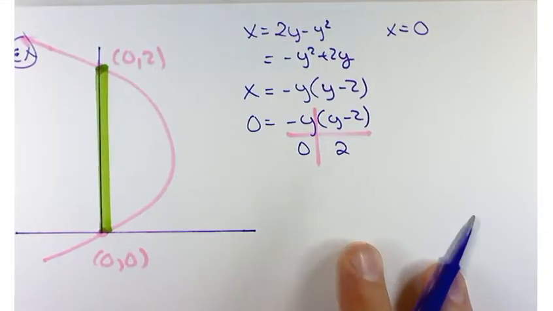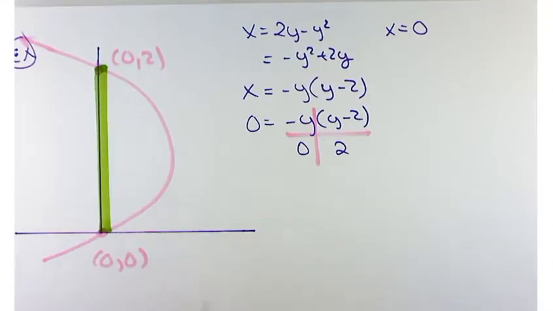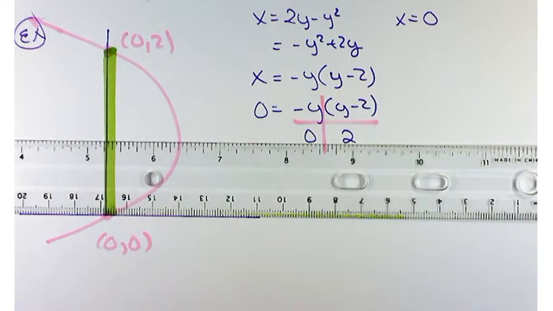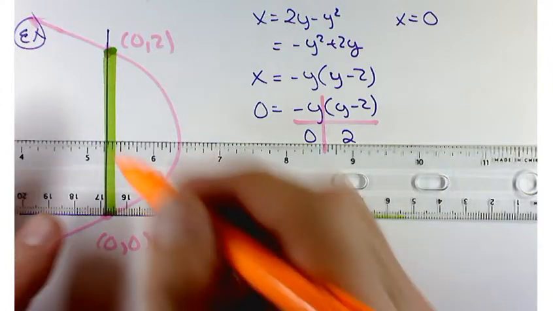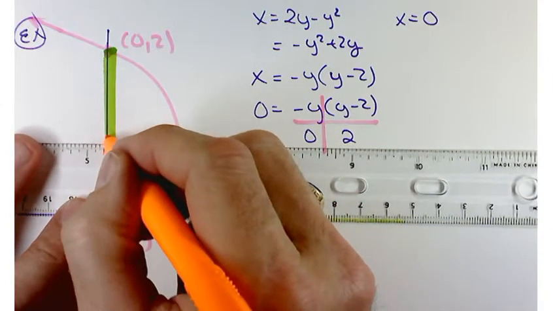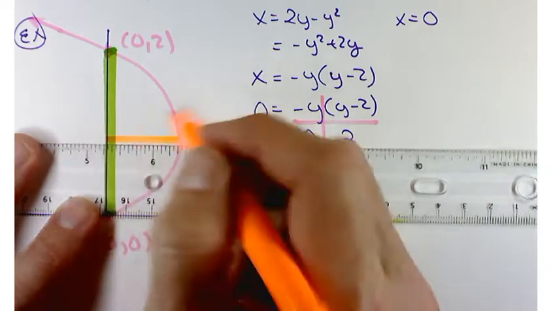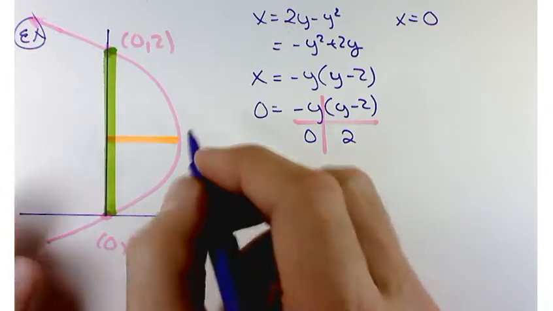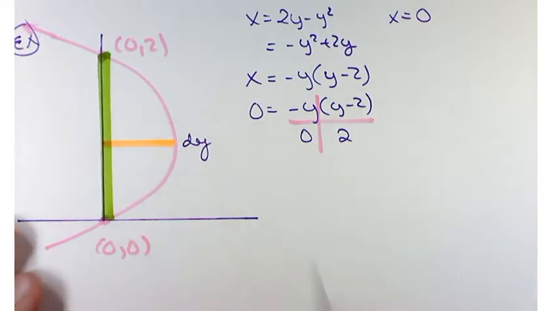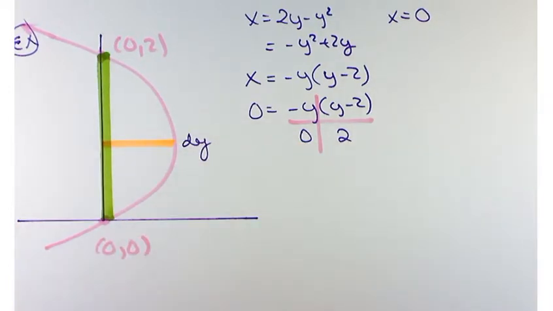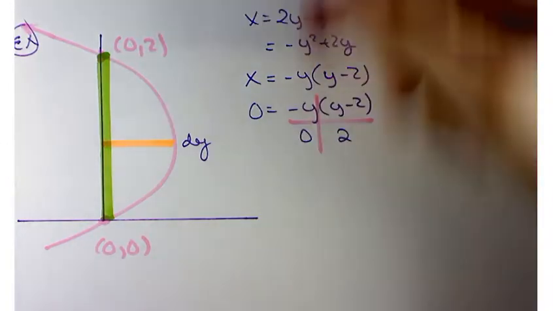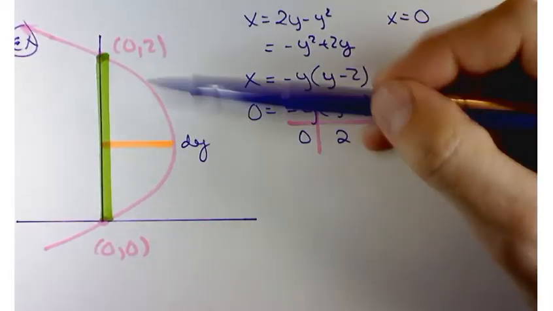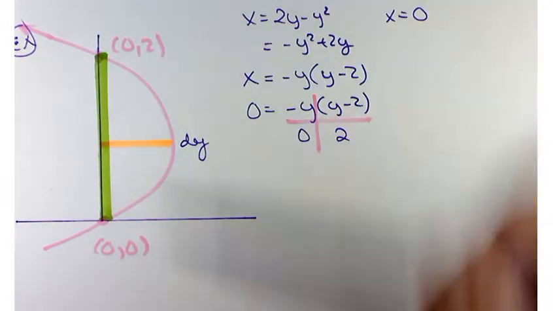Now, I'm going to start by taking a slice perpendicular to my axis of rotation, just like I did in the last one. What's the thickness of this slice? dy. If I want to find, first of all, the total area here, certainly I don't want to take a dx slice because a dx slice would go from the curve to itself.